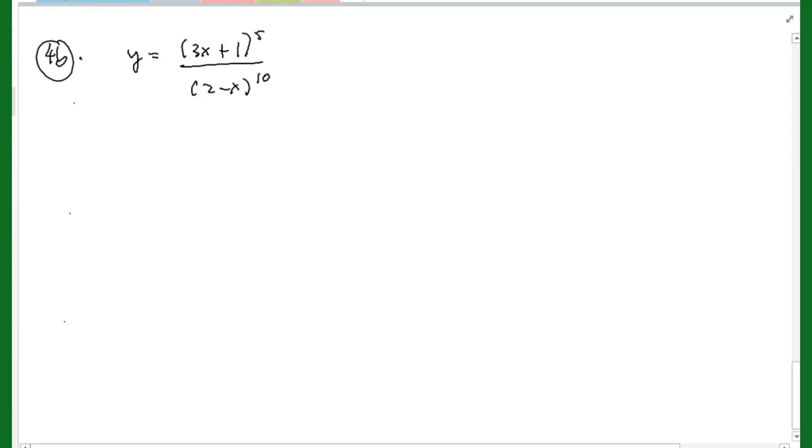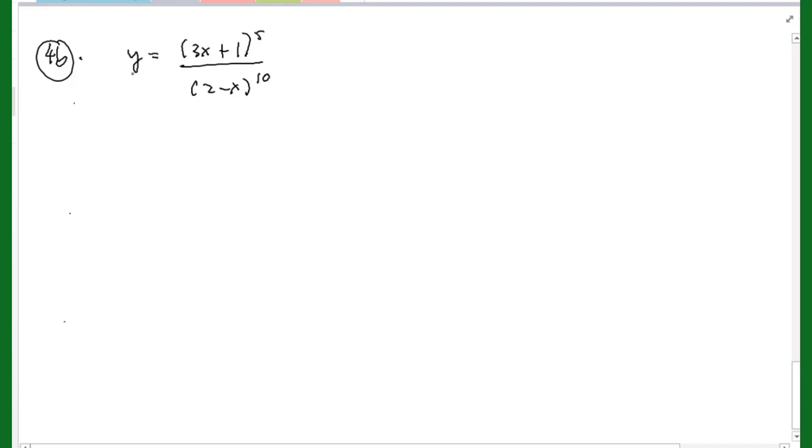You cannot simplify this unless you take ln on both sides and use implicit differentiation, which we will do later after lecture 4.